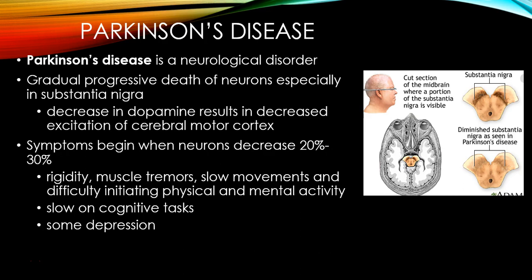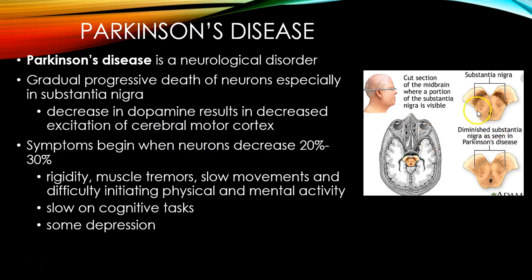Parkinson's disease is a neurological disease which eventually leads to cell death, particularly in a part of the brain called the substantia nigra. The substantia nigra releases dopamine, which is very important for movement, and this basically results in decreased excitation of the cerebral motor cortex.